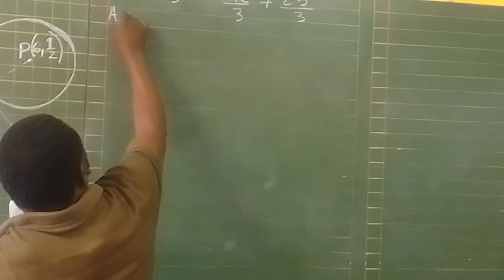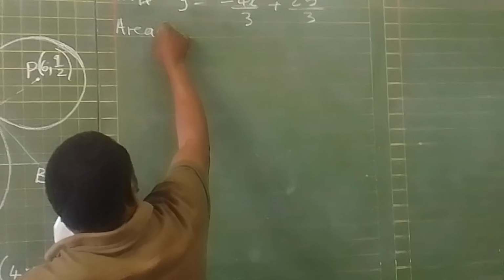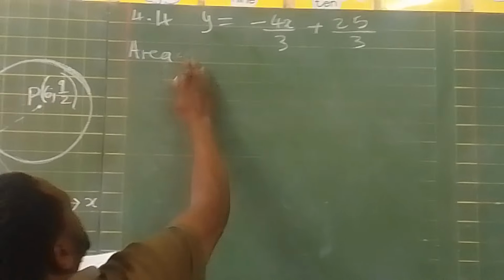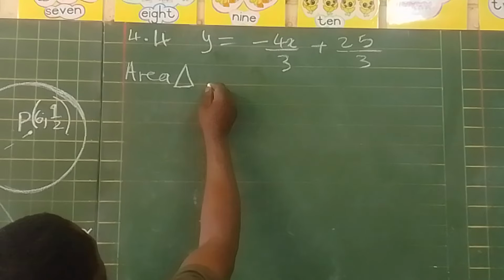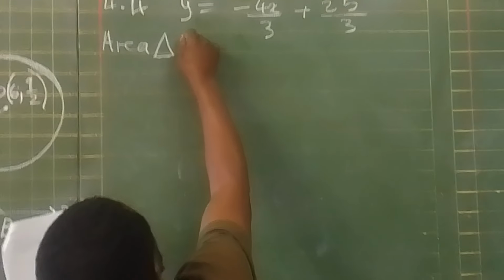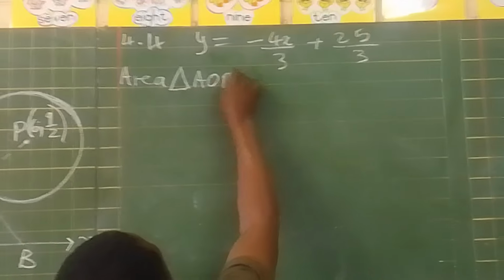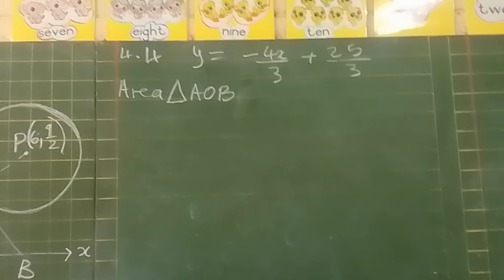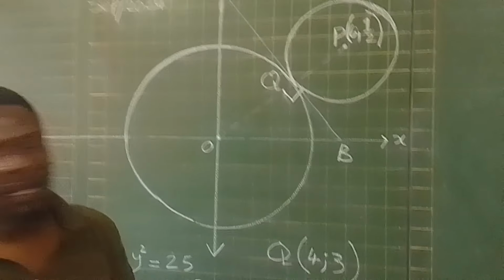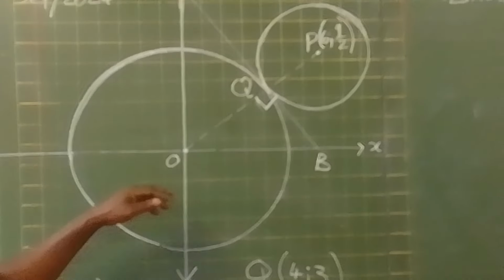The area of triangle AOB is, let's see this triangle AOB.